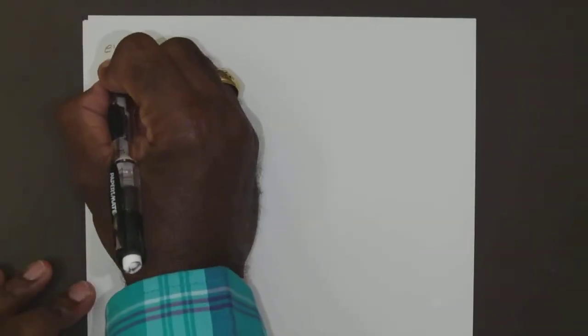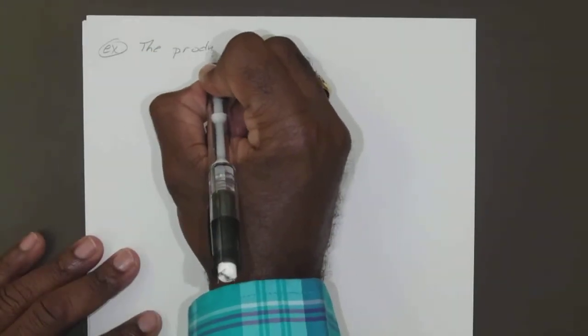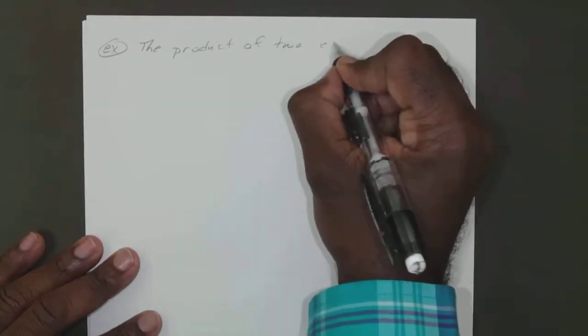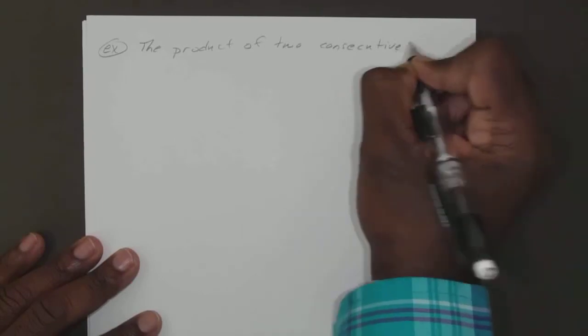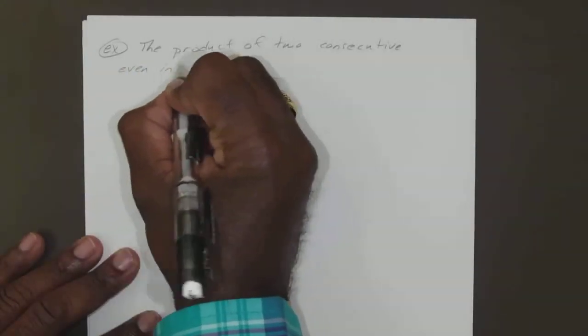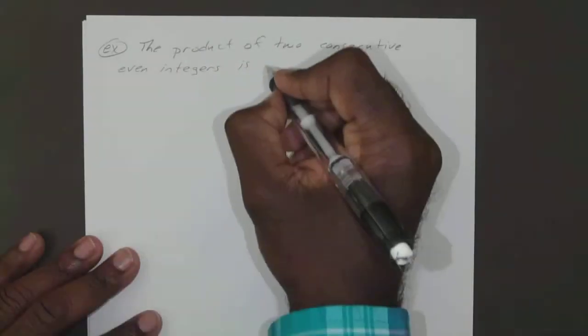All right, so let's say, for example, we want to find 2 consecutive even integers whose product is 224.